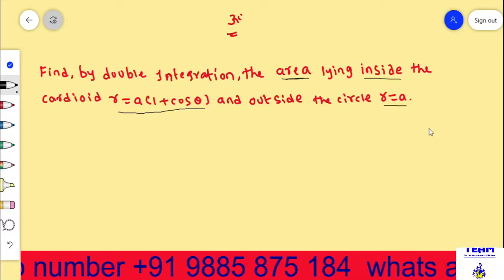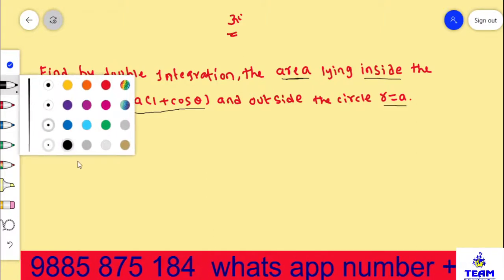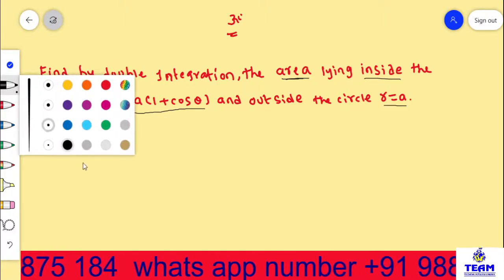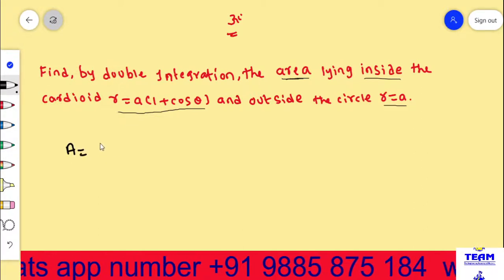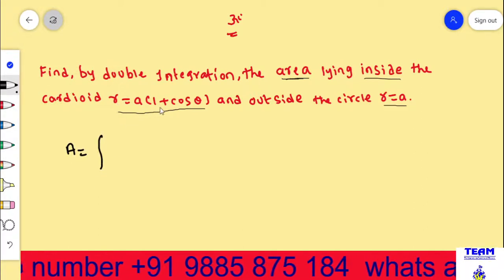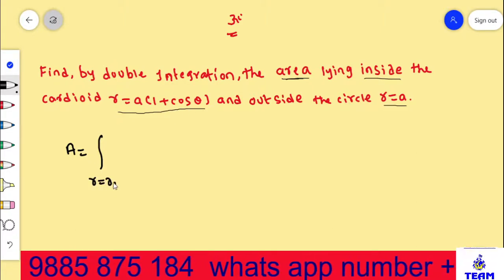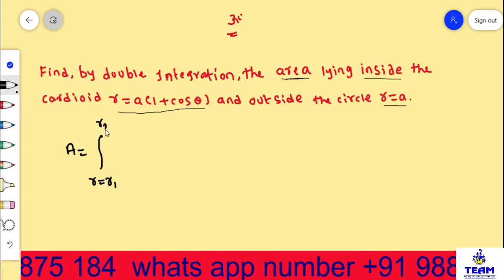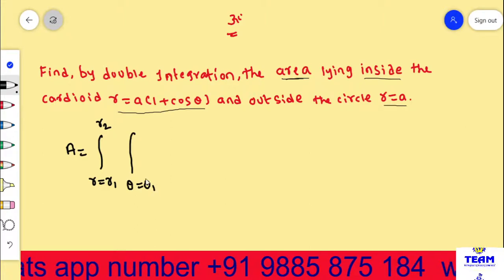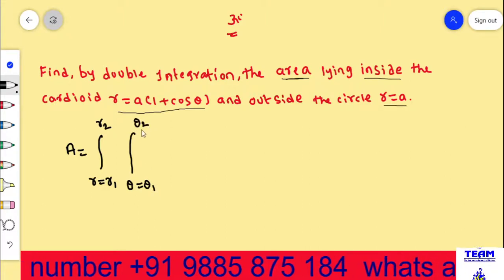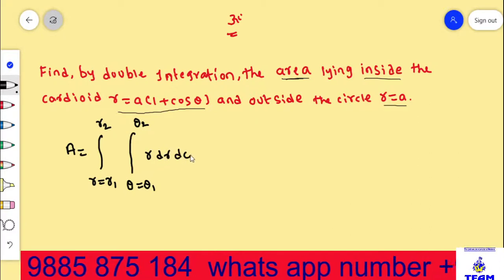Friends, actually we are going to write the area formula first. The area we denote with capital A, that is equal to the double integral, where r is from r1 to r2 and θ is from θ1 to θ2, of r dr dθ.